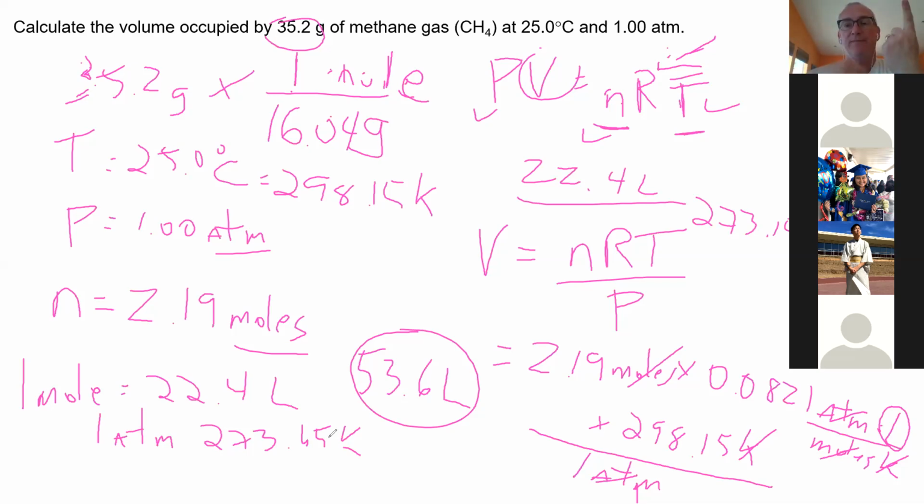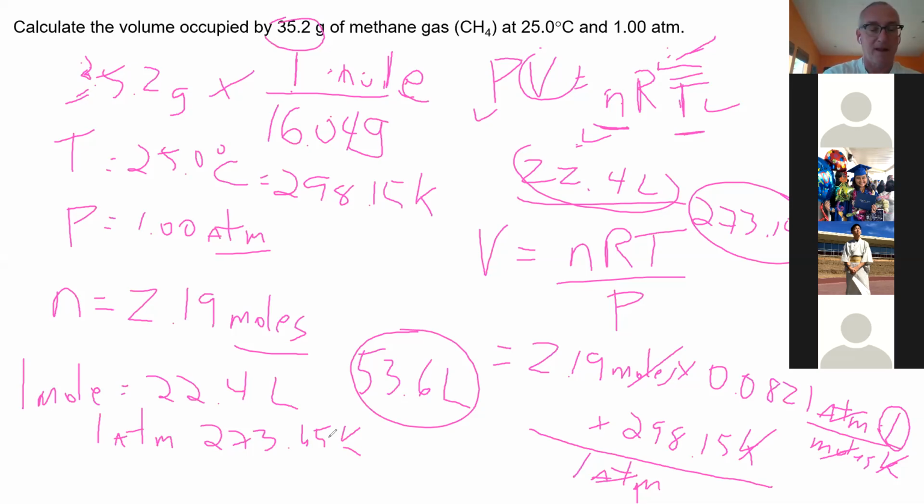So N is 1 and P is 1, and it's just a relationship between the volume and the temperature. Okay? That's what R is. That's where that number comes from. You won't have to memorize it. I'll always give you those numbers along with the units. But you were asking where it comes from. That's where it comes from.